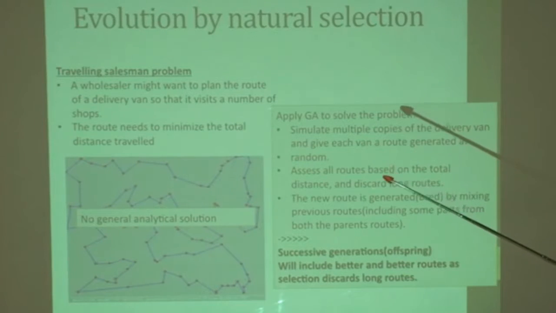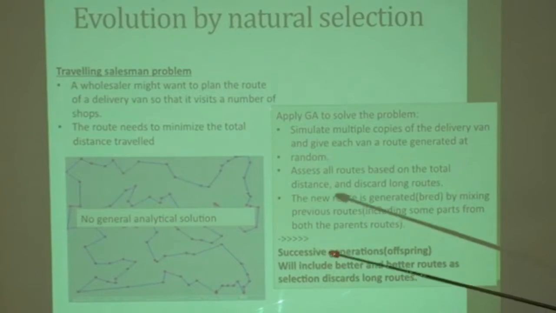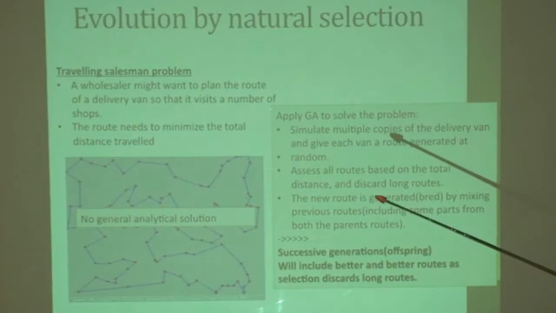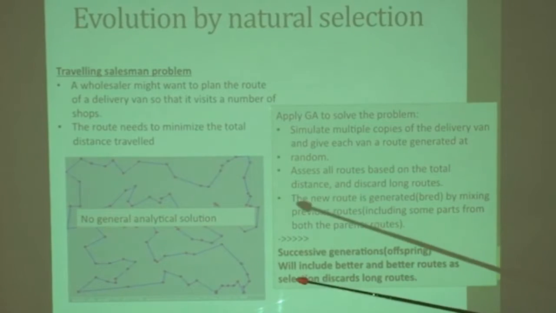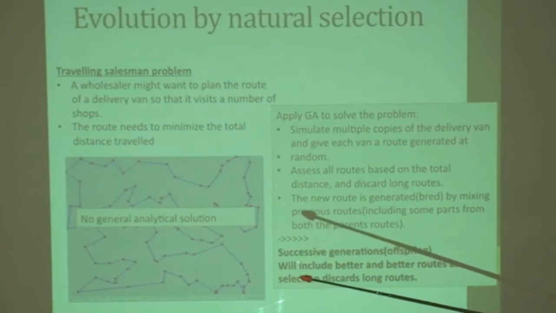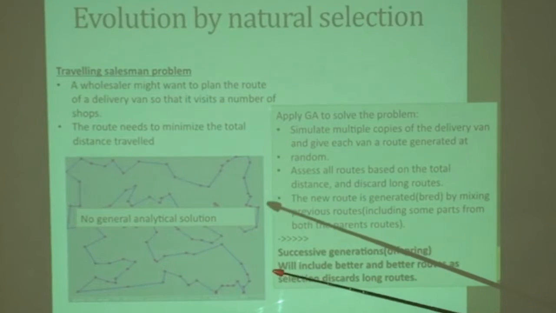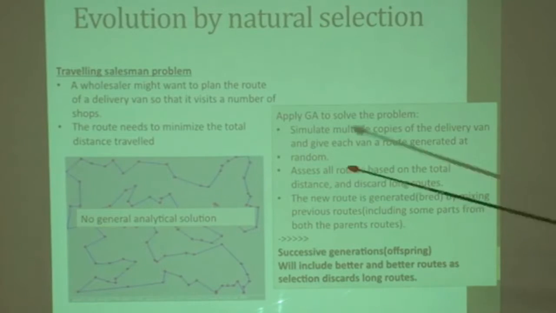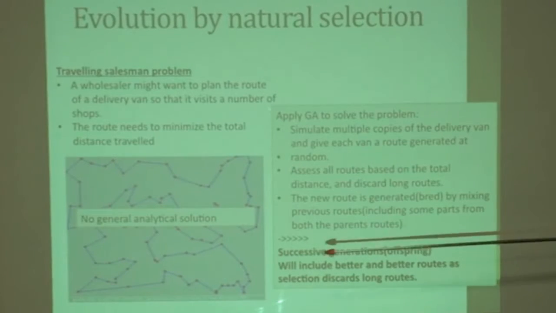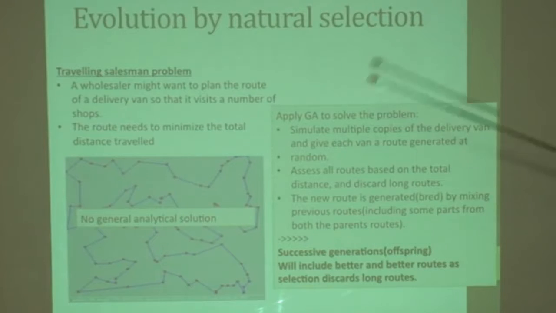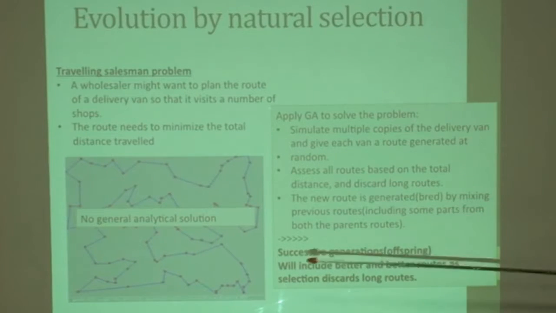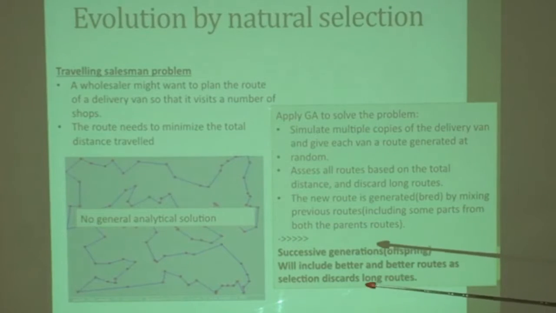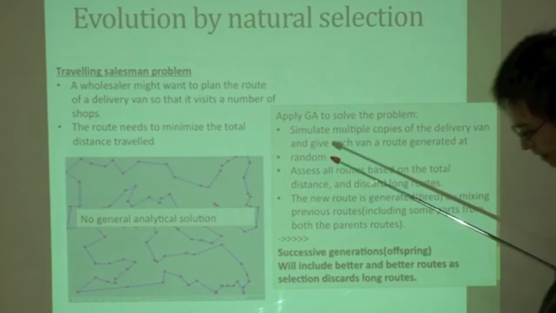Finally, we generate some new routes by mixing the previous routes, so that the new routes consist of parts of their parents' routes. We repeat this process to generate a rather optimized solution of the traveling salesman problem.